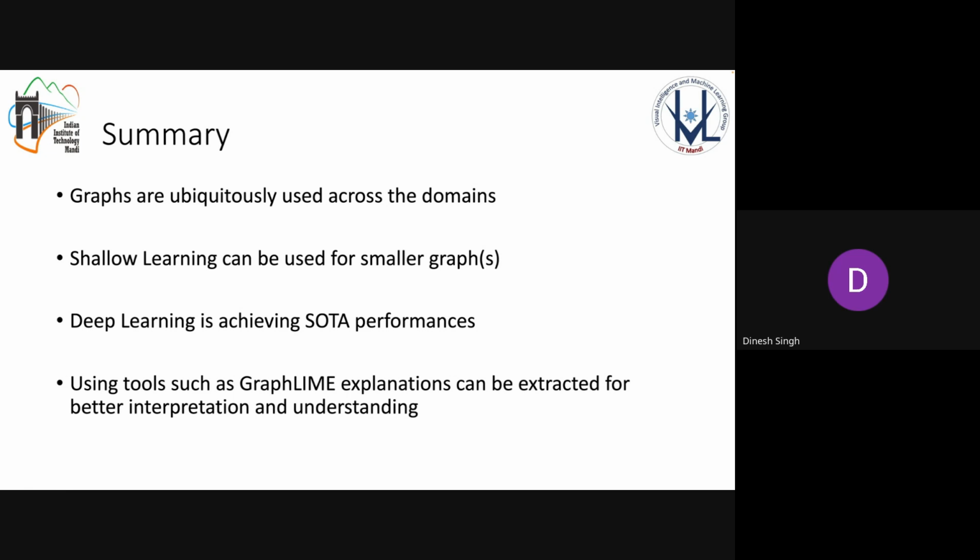Also, we recently developed a tool, GraphLIME, which can dig out whether the features trained by a graph neural network are random or have very high correlation with the target variables.